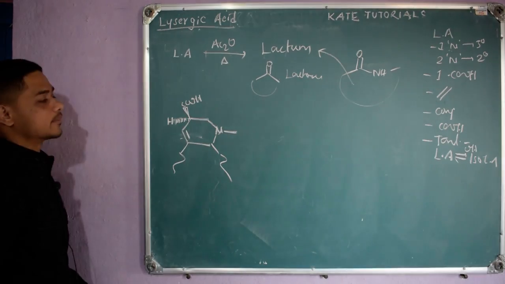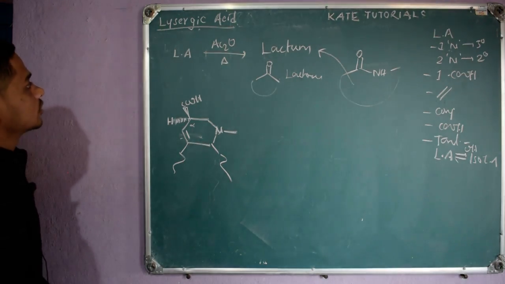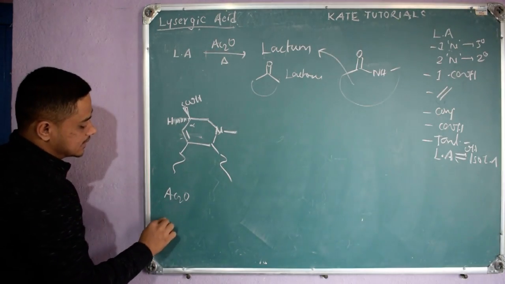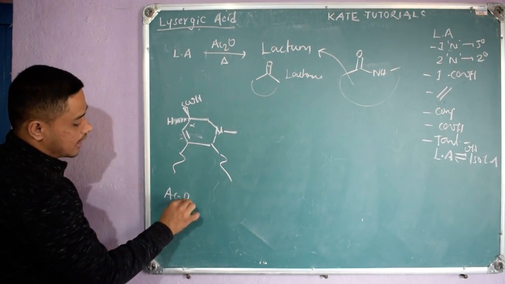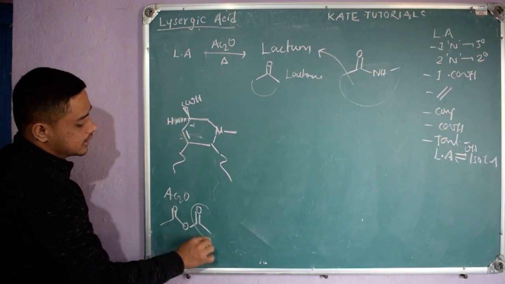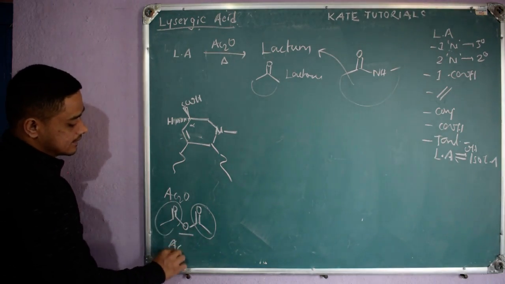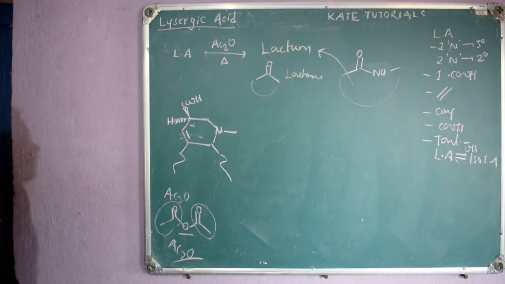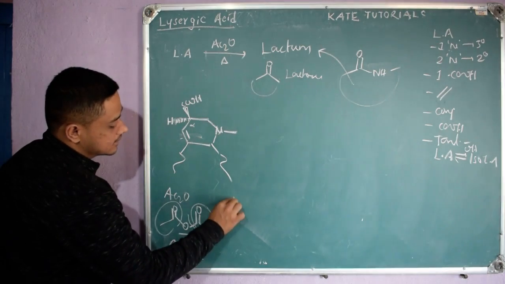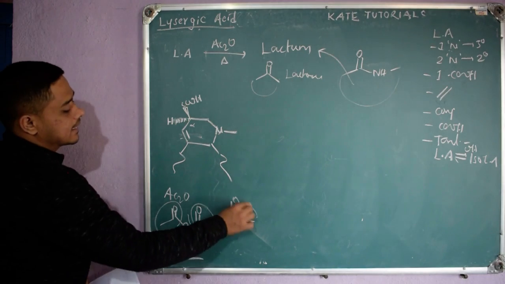That is acidic in nature because it is present on the alpha carbon to this electron withdrawing group. So whenever I have acetic anhydride, Ac2O, its structure is CH3CO, one oxygen, and another CH3CO. So this is the structure. Here if I break like this, I will get O minus, and this O minus can take this acidic proton.